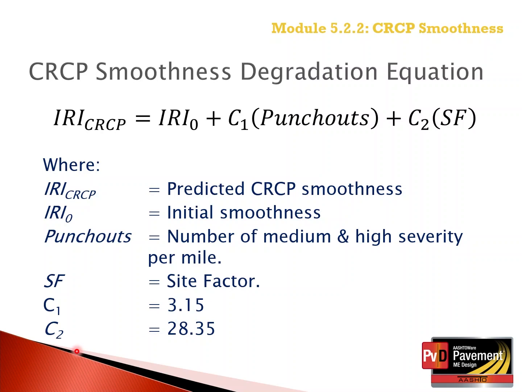The values for the calibration coefficients may vary between different publications of the MEPDG Manual of Practice, depending on more recent calibration results. The coefficients and exponents of the transfer function or regression equation, in other words, C1 and C2, are included in the output report for the Pavement ME design software.